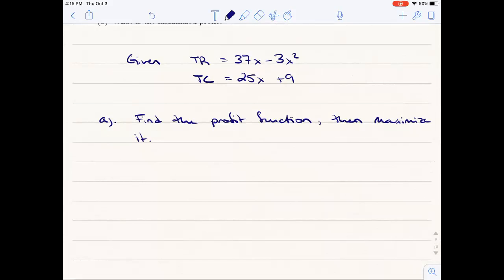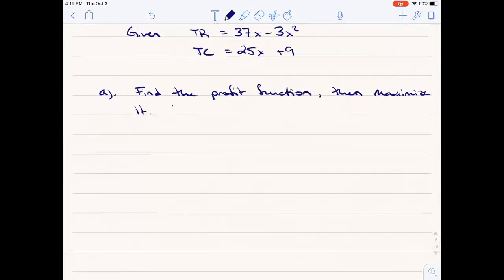Because it's going to be a quadratic, a polynomial, what we'll do is take the derivative of it again. Find the derivative, right? And then it keeps going.